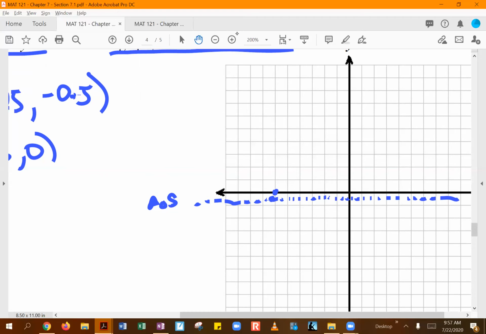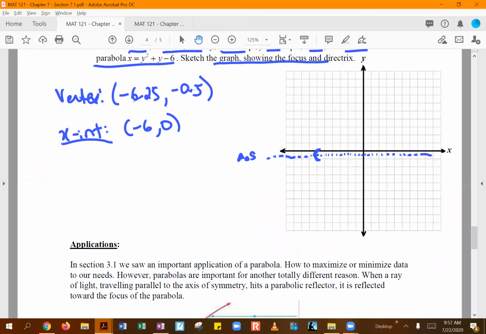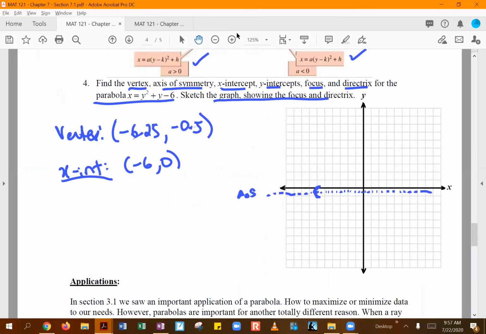So we know this graph is going to be going somewhere like this. And with symmetry, we would have this point below it. So our graph would be going in this direction. Now we need to know where it's going to be crossing the y-axis. And of course, since this is a parabola opening to the right, we should have two different points on the y-axis where our graph would be crossing it.